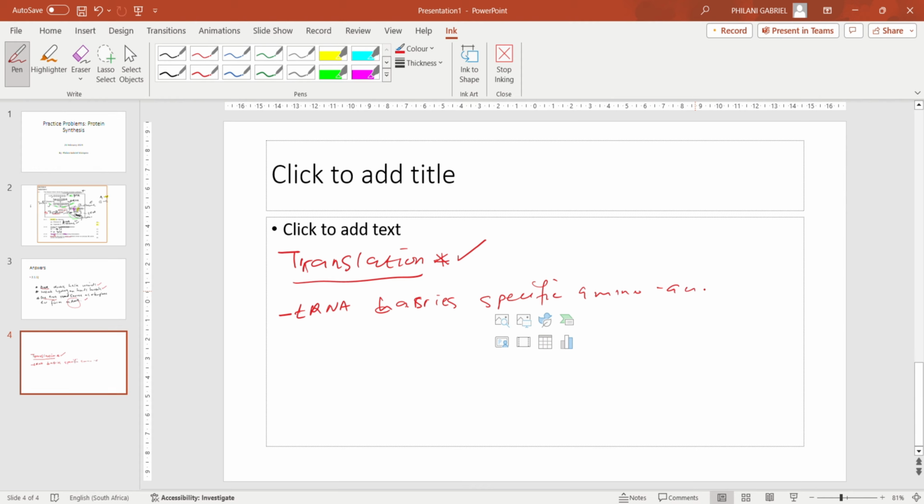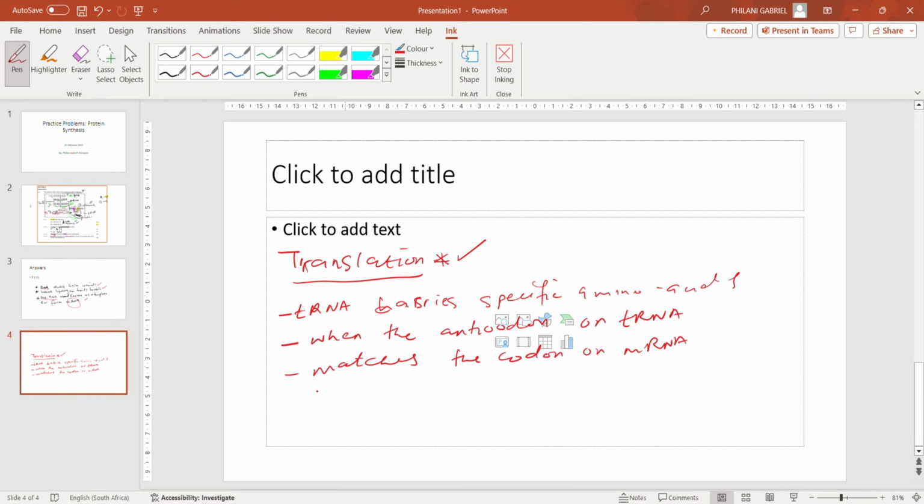Then you also have to mention that when the anticodon on tRNA matches the codon on mRNA, then tRNA will bring the required amino acid.